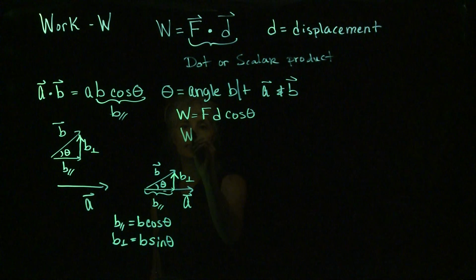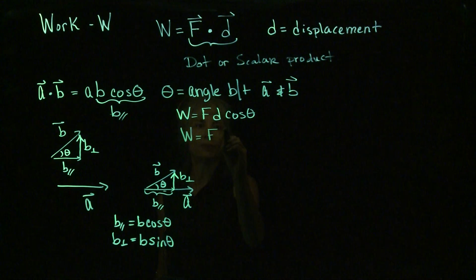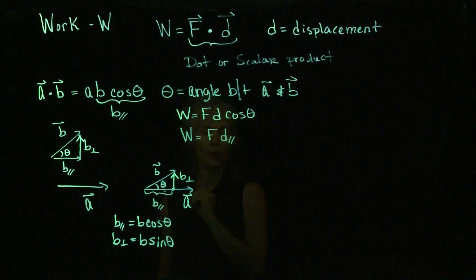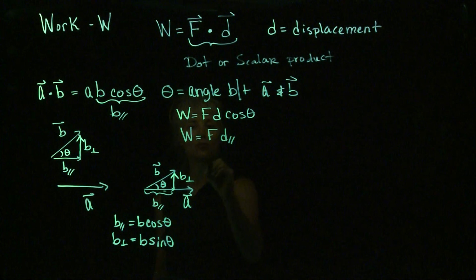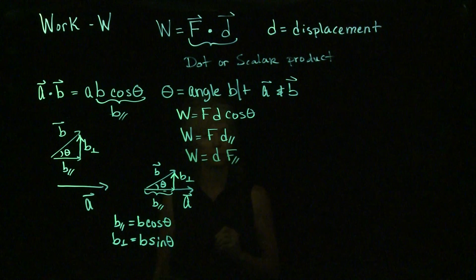We can write this as the work is equal to the force times the part of the displacement that is parallel to the force, or we can write it as work is equal to the displacement times the part of the force that is along the displacement.